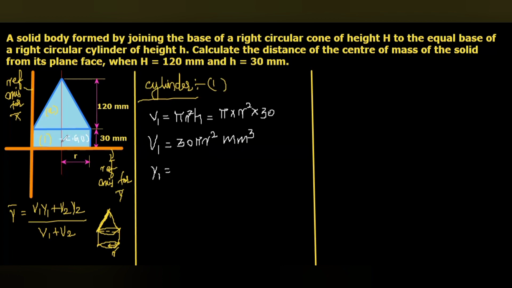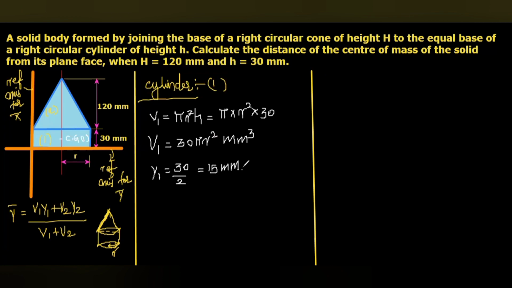If this is 30 mm height, then h by 2 the distance from the base, and the base of the cylinder lies on the reference axis. So here y1, the distance of CG of the right circular cylinder, CG1, from the reference axis, that is 30 by 2. So we can write 15 mm.